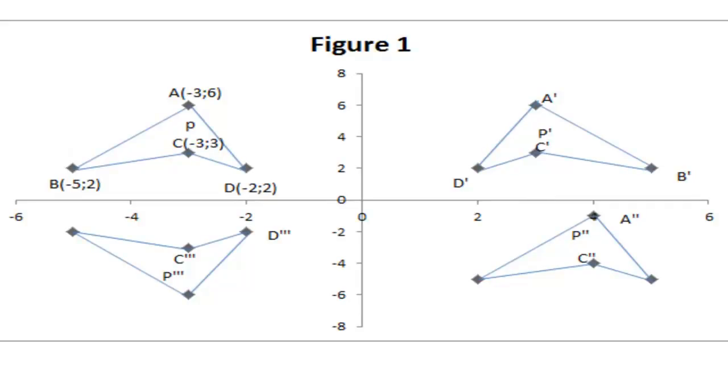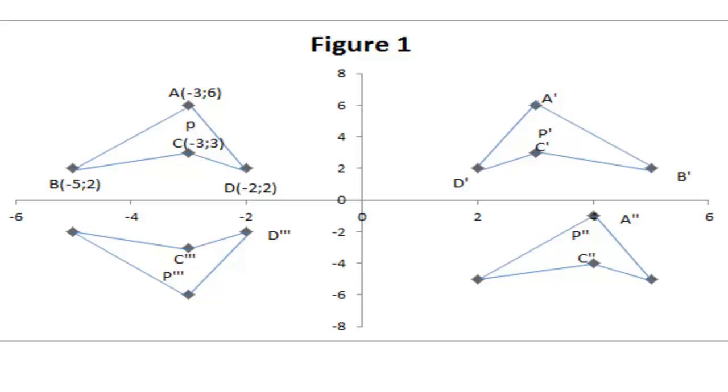It is the image of A, B, C, D. You will notice that B has flipped its position, and D also remains.